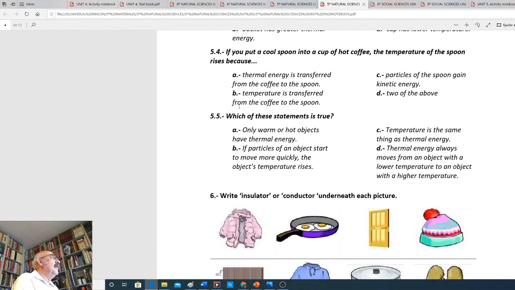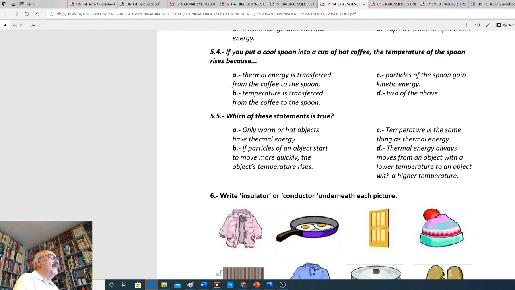You have to correct it. I correct your work, but not all of you, because not all of you sent it to me. So, 5.4. If you put a cool spoon into a cup of hot coffee, the temperature of the spoon rises because thermal energy is transferred from the coffee to the spoon. Temperature is transferred from the coffee, it's the same. Sorry, thermal energy and temperature is transferred.